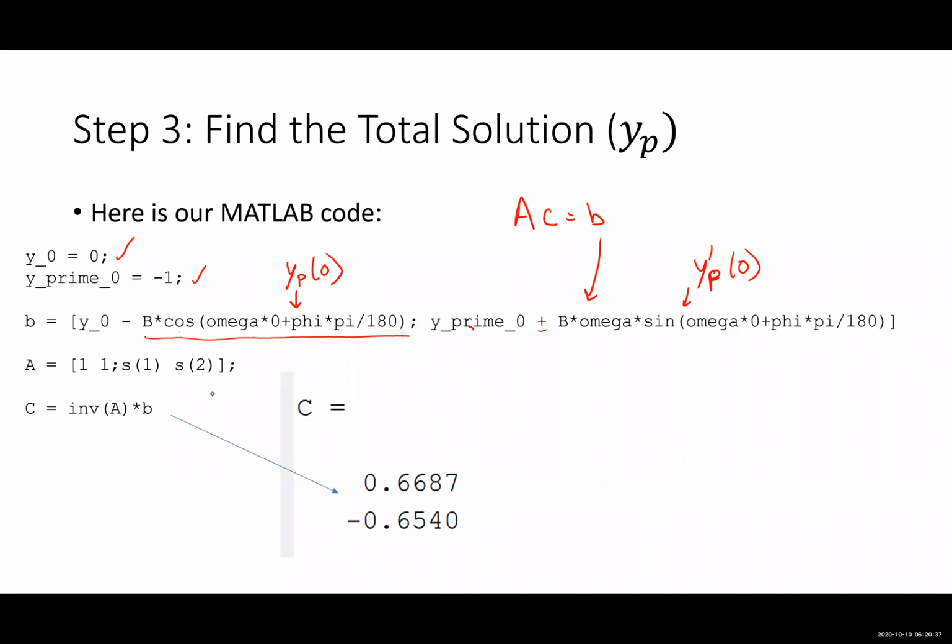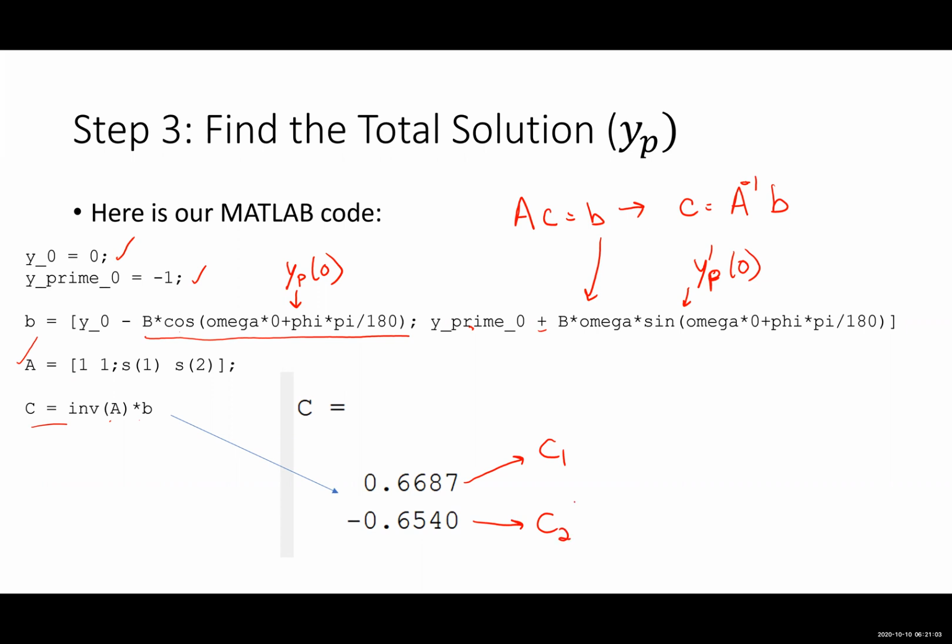All right, so I defined my A matrix, and then I used inverse A times B, right? So I can say C equals inverse A, so A to the minus 1, that's the inverse, times B, like that. That's my C vector, my 2 unknowns. So this guy here is C1, this guy here is C2.